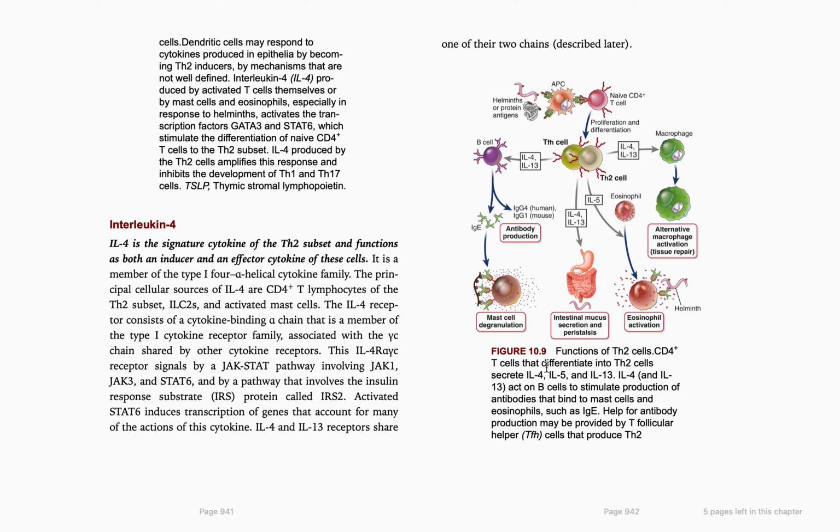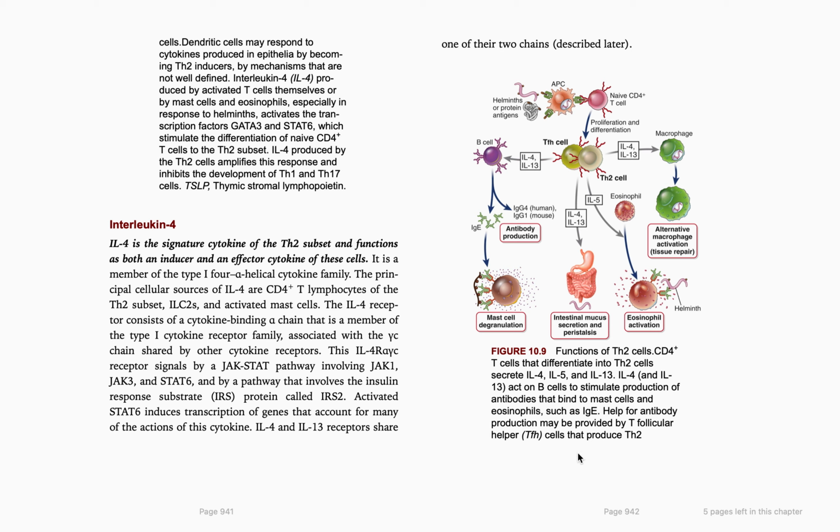So this is figure 10.9, the function of T helper 2 cells. The CD4 T cells that differentiate into T helper 2 cells secrete interleukin 4, 5, and 13. Interleukin 4 and interleukin 13 act on B cells to stimulate production of antibodies that bind to mast cells and eosinophils, such as IgE.